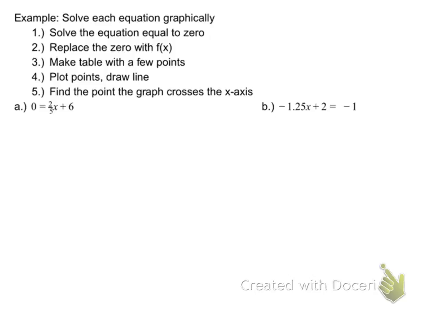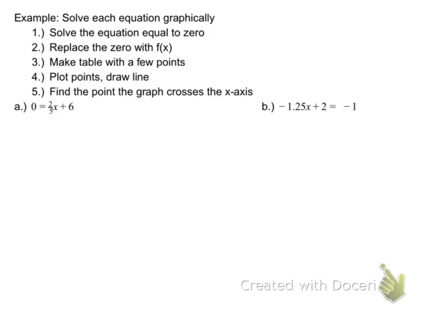The first step I want you guys to do is I want you to solve the equation equal to 0. That means bring everything to one side. Sometimes, like part A there, it's already done for you. Other times, it's not. I want you then to replace the 0 with f of x, or y.